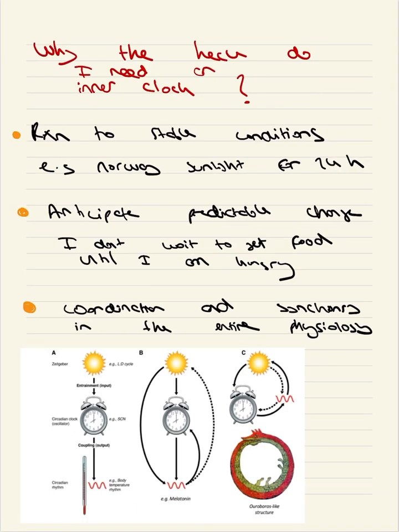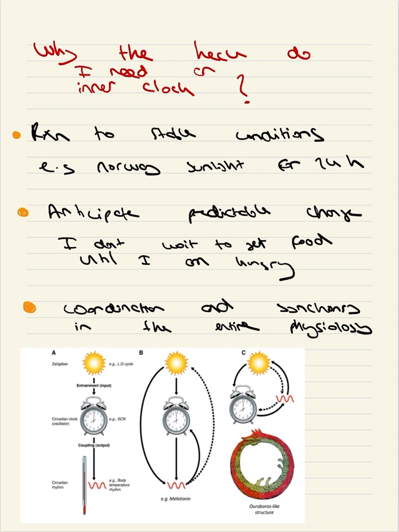Here's the big question: why the heck do I need an inner clock? That was the question I asked before, and the answer is simple. There are three reasons. First, reaction to stable conditions. If you are living in Norway, in the summer you're going to have sunlight for 24 hours.